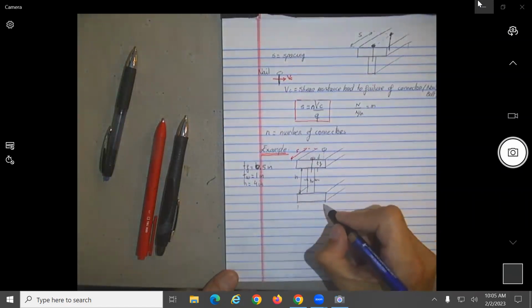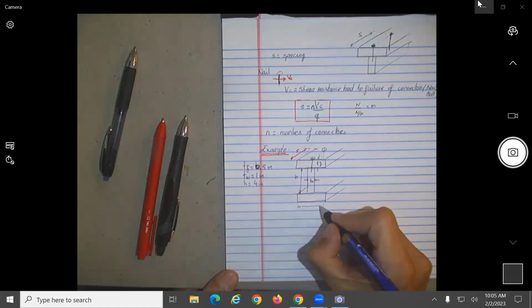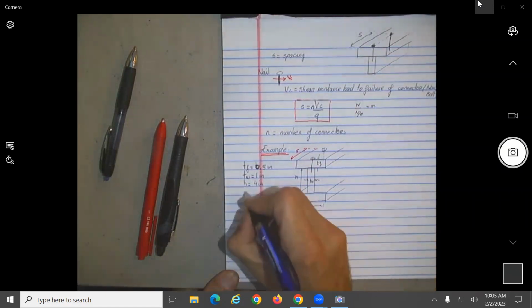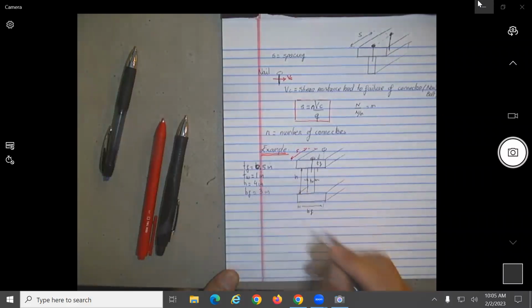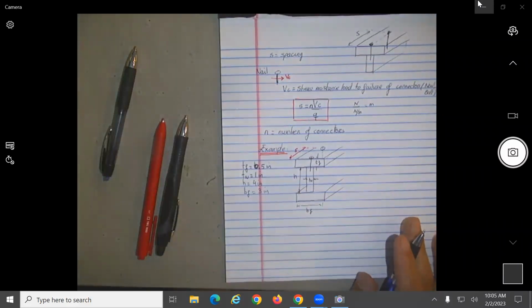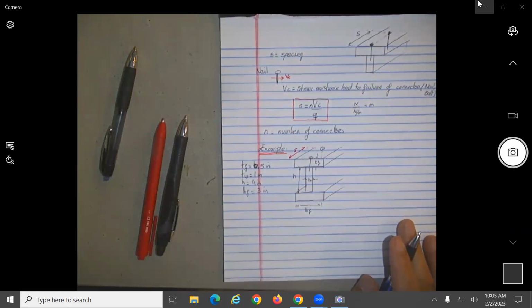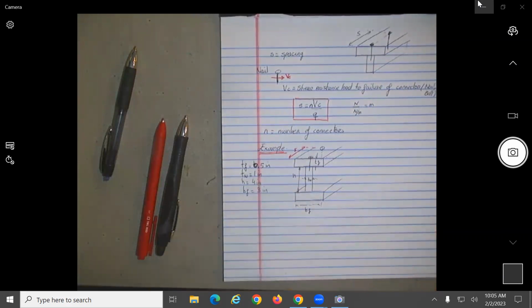And the base of the flange, to use the same notation we have been using so far, is 3 inches. The flange is half an inch.